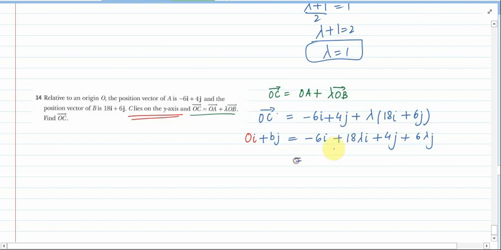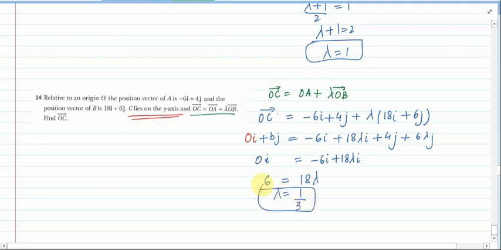So the i term I have is minus 6i plus 18 lambda i, and on my left side the i term is 0i, right? I am just comparing the coefficients of i here. So now 6 is equal to 18 lambda, and you get the value for lambda, that is equal to 1 upon 3.